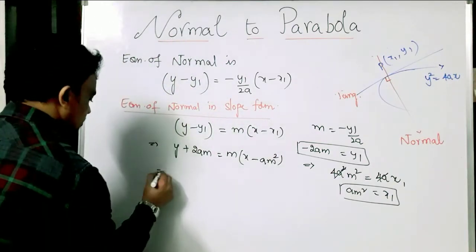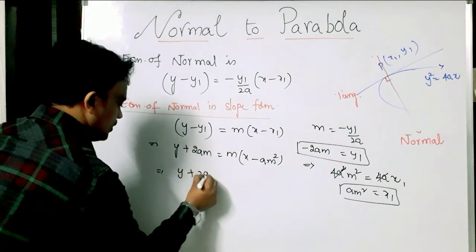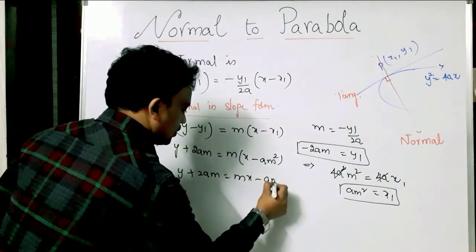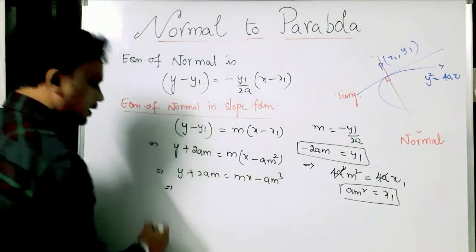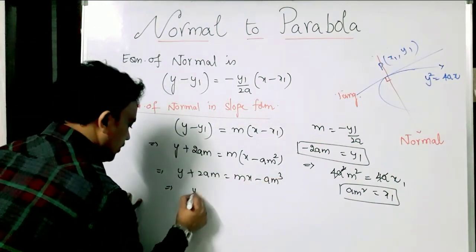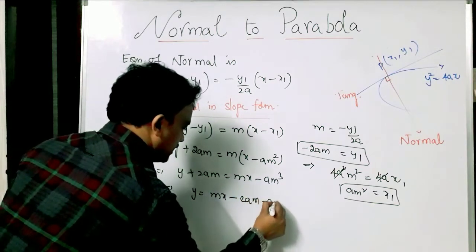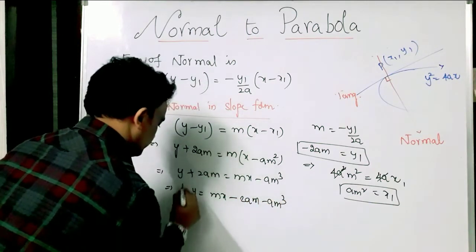Simplify this: y plus 2am equals mx minus am cube. Then I can write y equals mx minus 2am minus am cube.